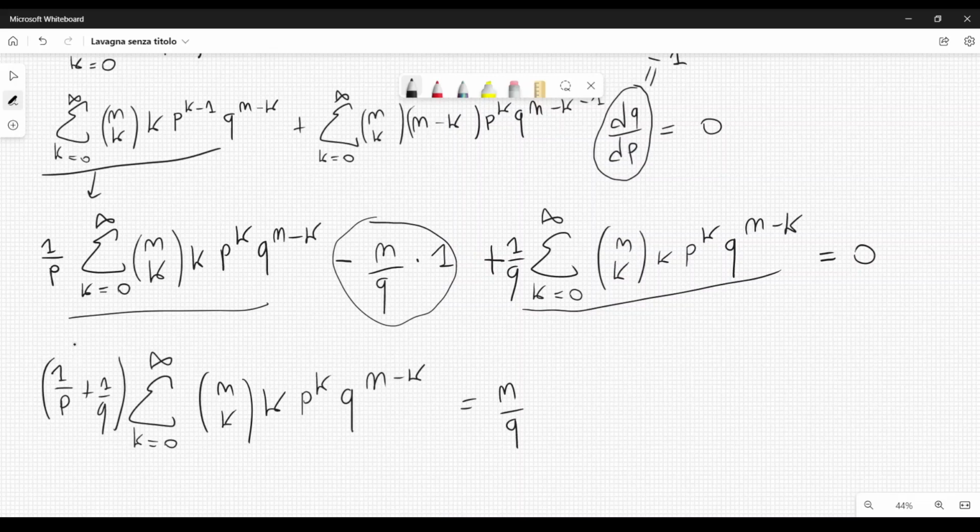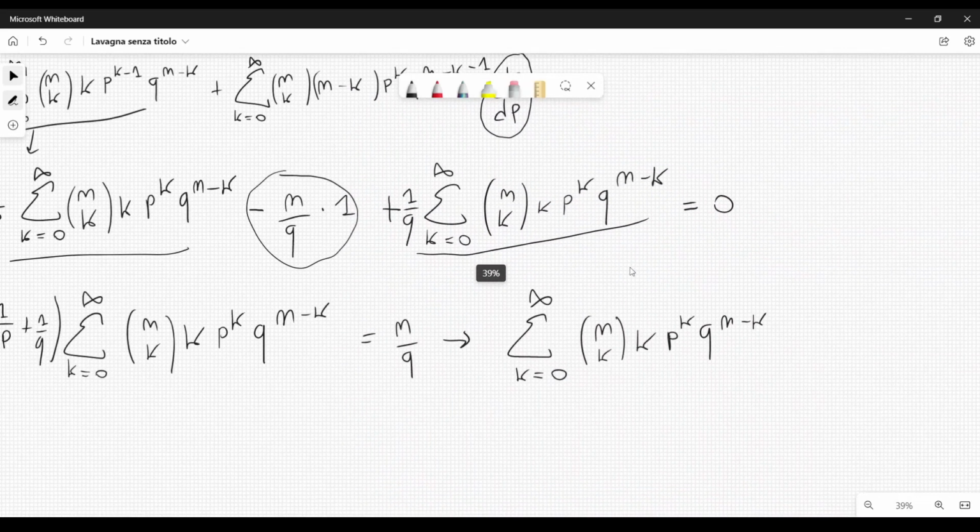Now I can multiply both sides by the reciprocal of this. So I will get the sum from k equal to 0 to infinity, n choose k times k, p to the k, q to the n minus k, equal to n over q, and here I have 1 over p plus 1 over q.